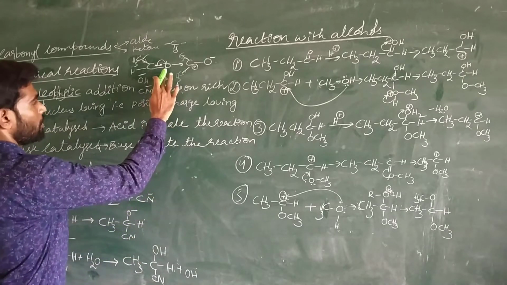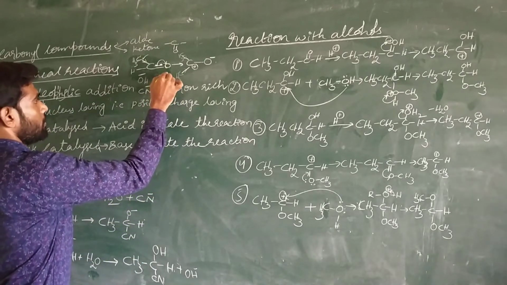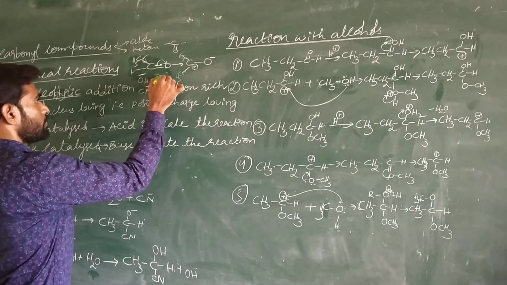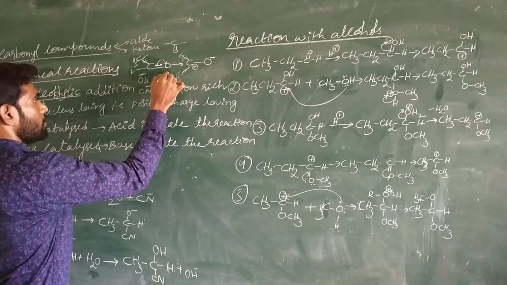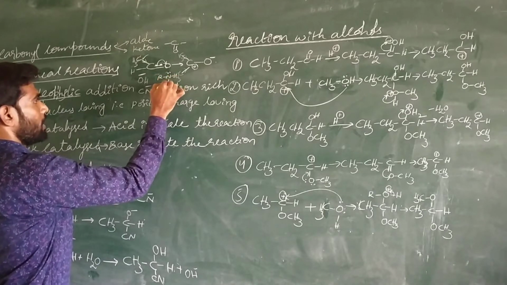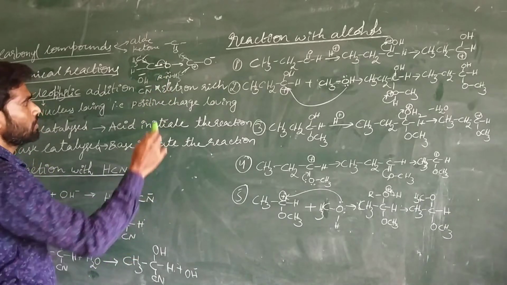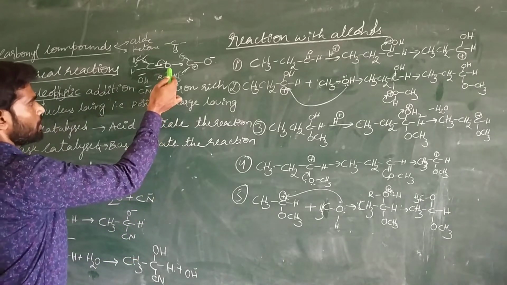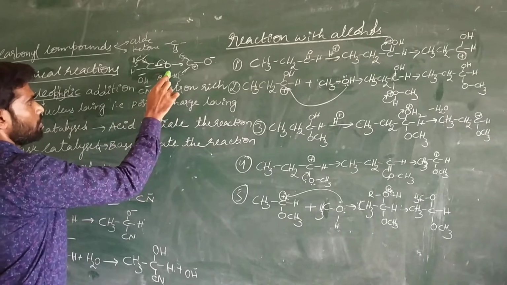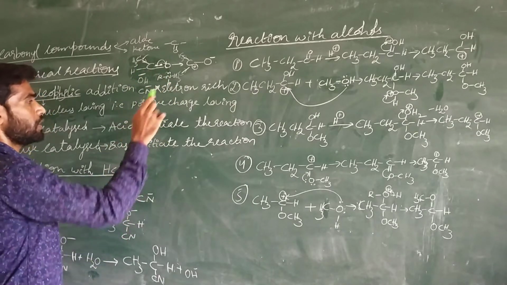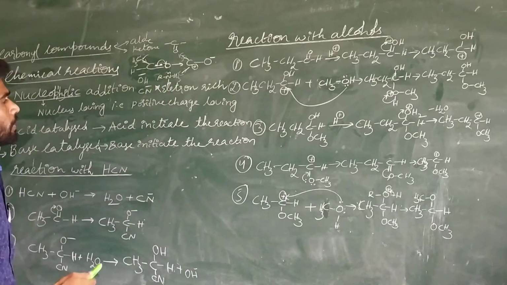In the case of amines, for example a primary amine, they are not electron rich, but the nitrogen contains a lone pair of electrons. With this lone pair of electrons, it acts as a nucleophile. We explained this at the time of amines.